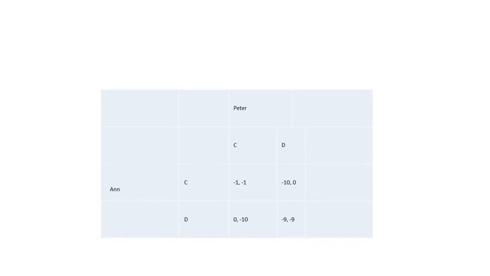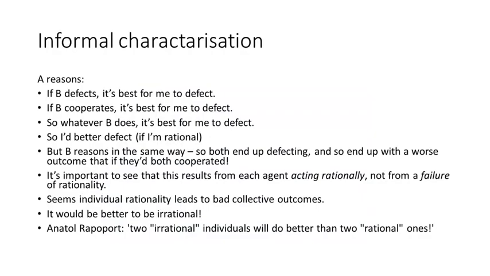And then the bottom left and the top right represent situations where Anne defects and Peter cooperates, or vice versa. So if Anne defects and Peter cooperates, we have the bottom left there. Anne set free, 10 years in prison for Peter. Top right, the reverse.